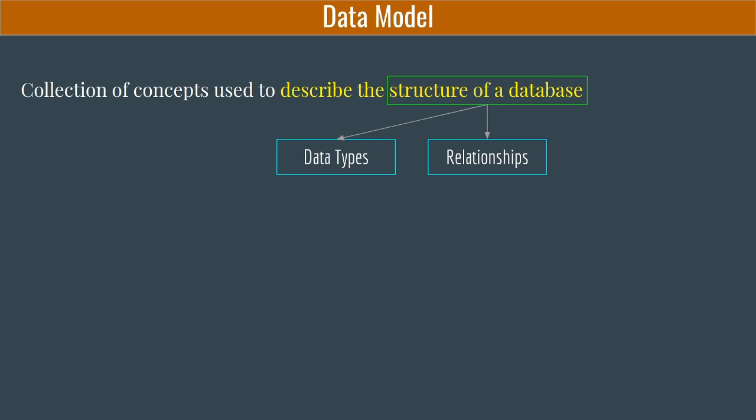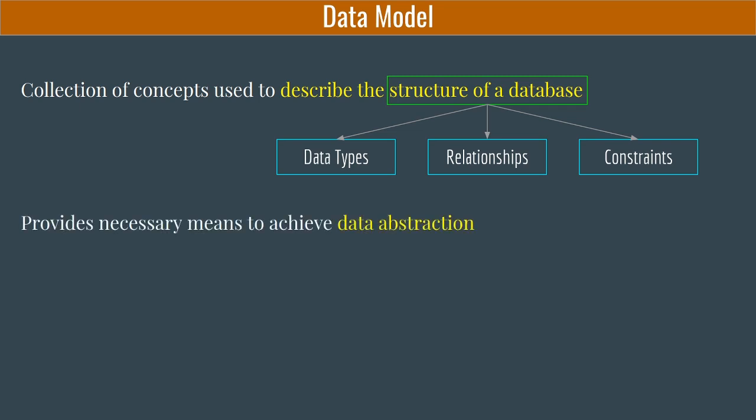And finally, there are some constraints on the data that can be entered into the database. For example, the name can contain only strings. Student number should be unique, that means student number should not be repeated. So these are the terms that you should consider when you talk about the structure of a database.